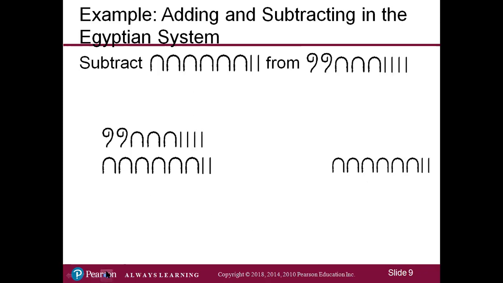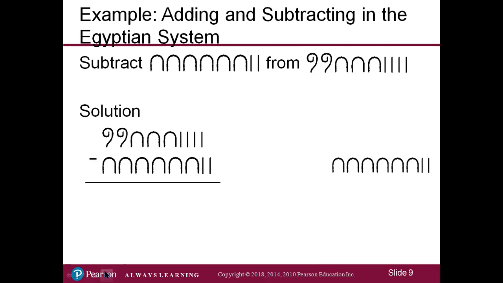An example of adding and subtracting in the Egyptian system. If we subtract 4 6 heel bones and 2 strokes from 2 scrolls, 3 heel bones, and 4 strokes, then what do we have?